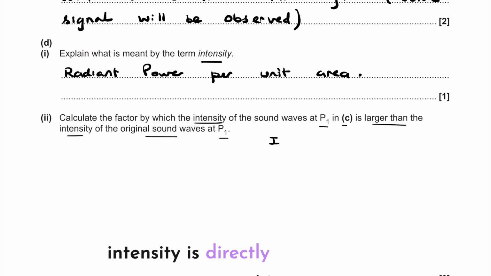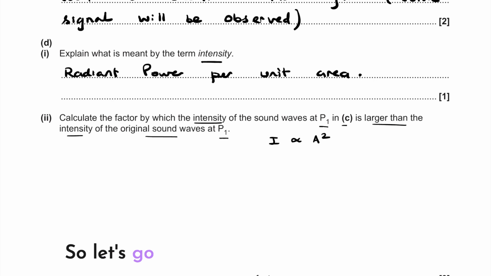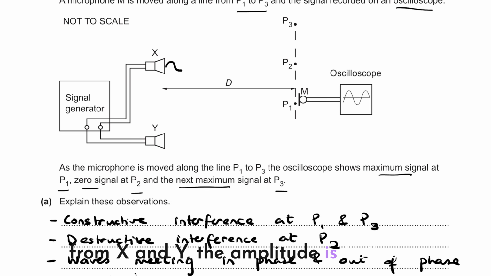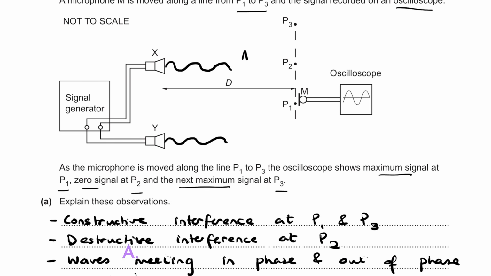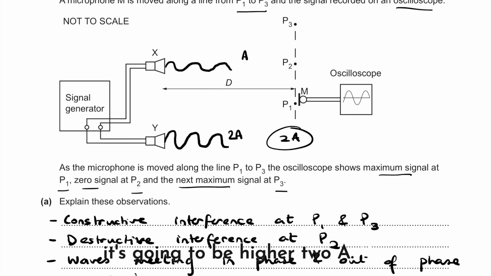Intensity is directly proportional to the amplitude squared. So let's go up and let's say that originally from X and Y, the amplitude is, let's say, A. The total amplitude is 2A. The amplitude from Y has increased to twice as much, so it's going to be higher, 2A. The total amplitude will be 3A.